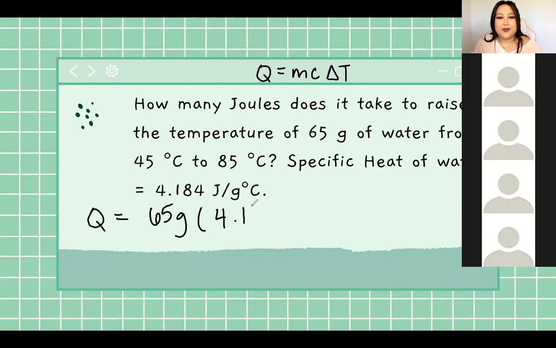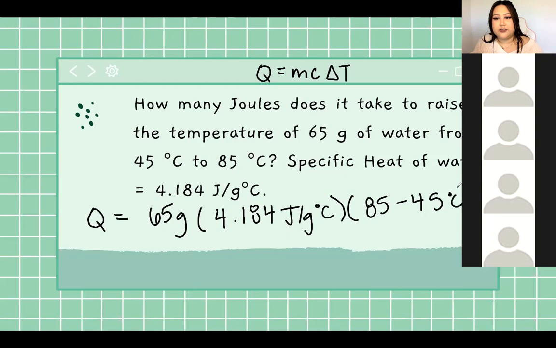Thank you. 4.184 joules per gram degrees Celsius. And then for our delta T, 85 minus 45 degrees Celsius. Okay.